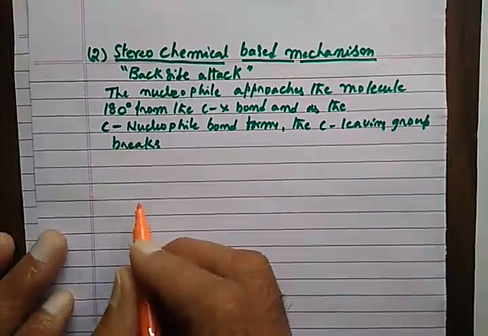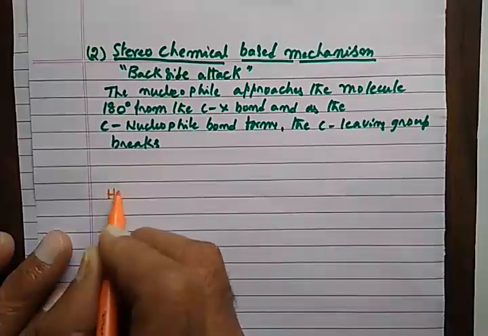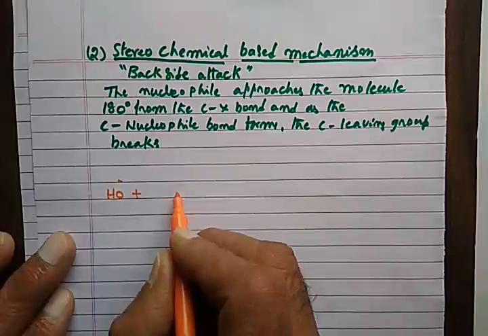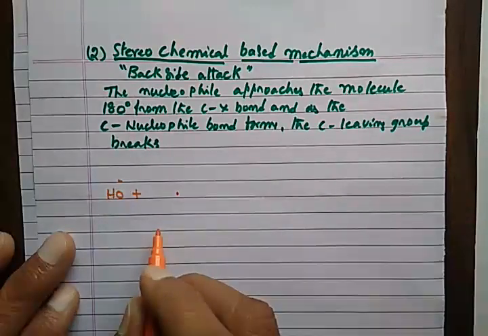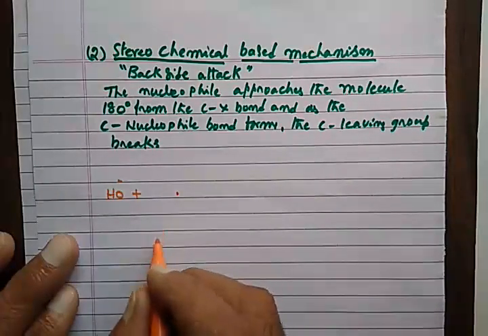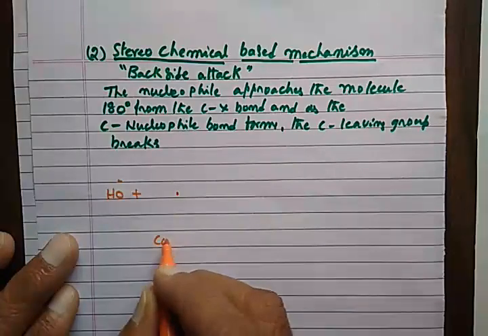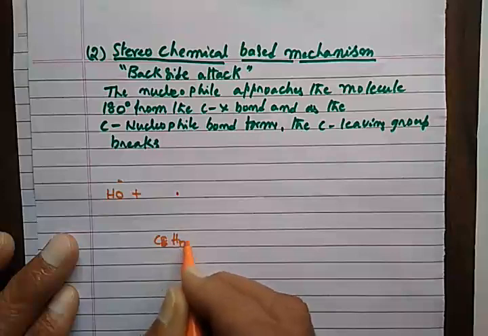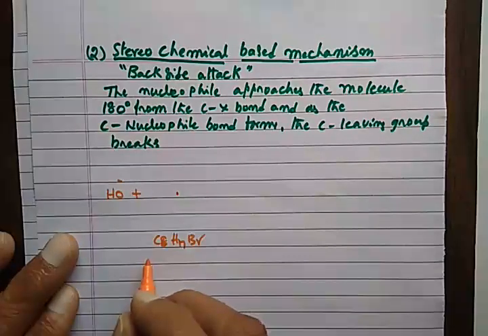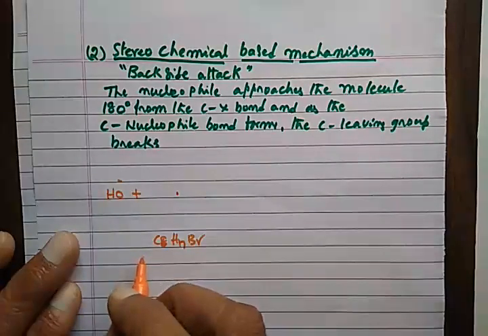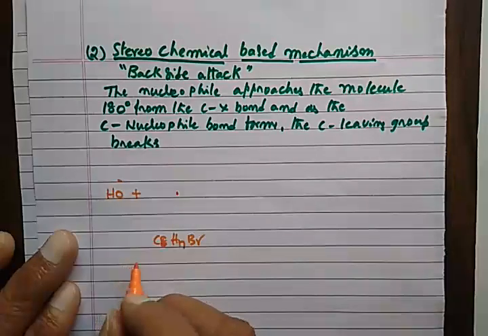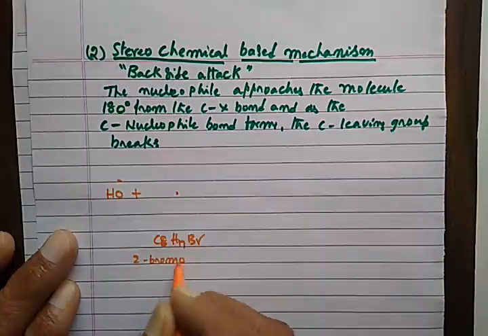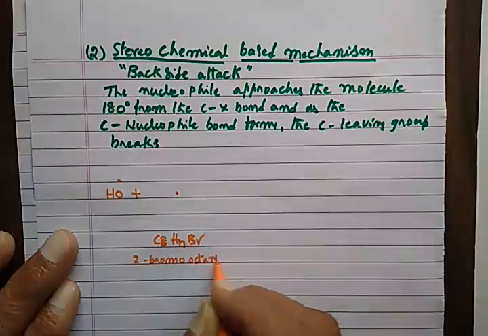Okay, so let me draw the book equation. HO minus is coming. I have taken C8H17Br, which is 2-bromooctane.